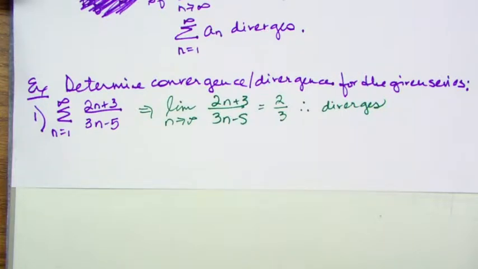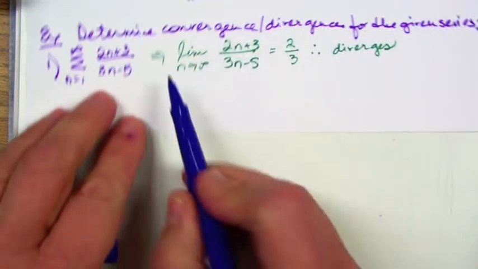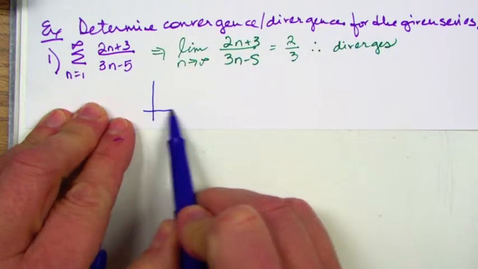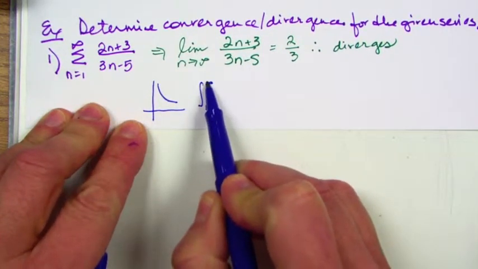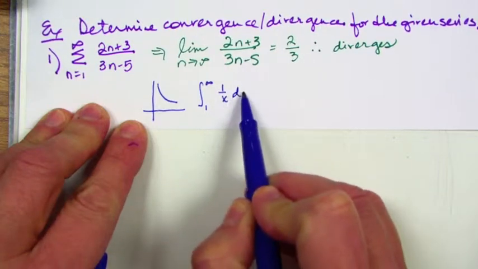And remember we said, did we talk about the reasoning for that in here? Okay, so if you think about it, you don't have to write this part down, but remember when we did this problem, we did the area from 1 to infinity of 1 over x.